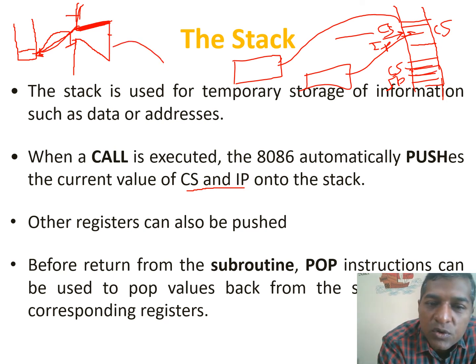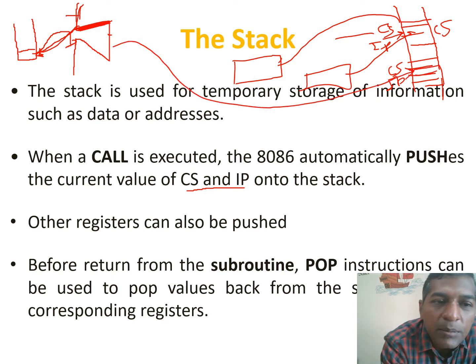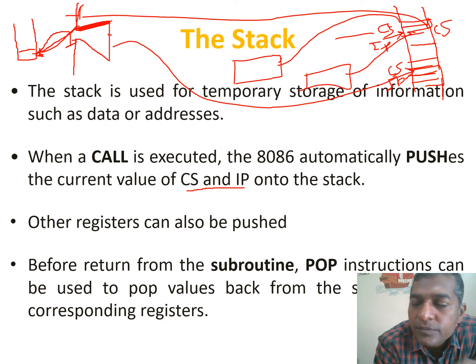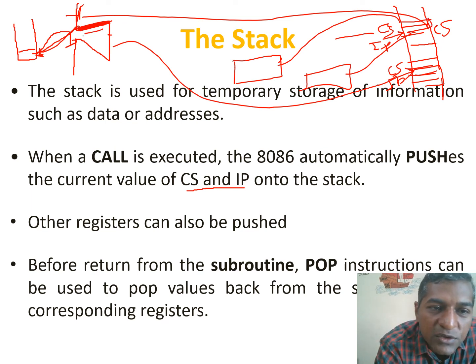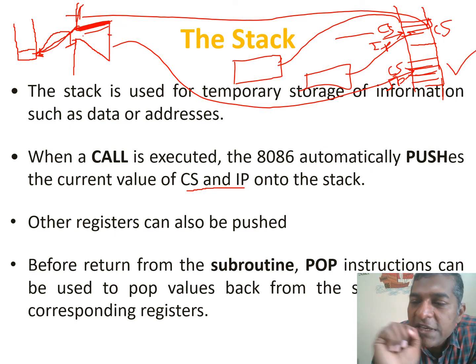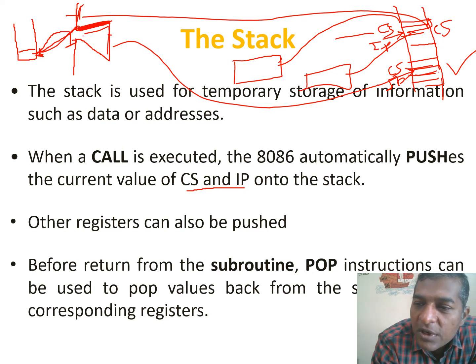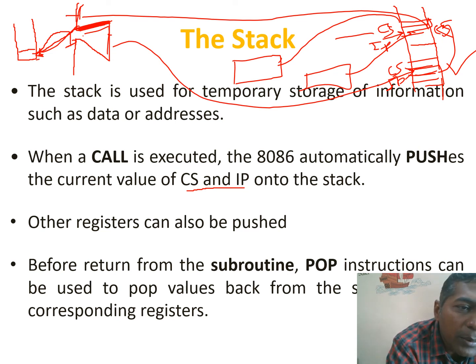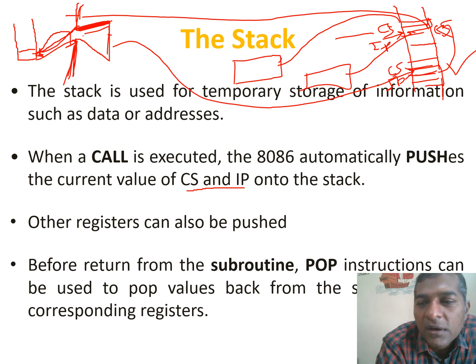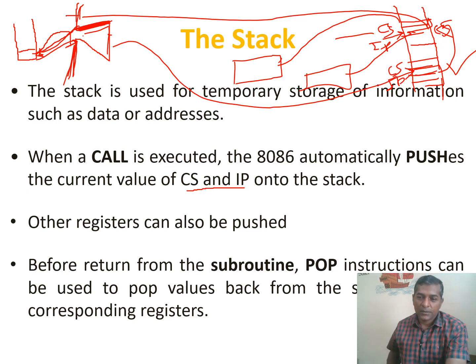The function is stored here, and the main program is stored here. Once the function is executed, it has to come back to the previous location. For that, the pop operation will be done, and then the remaining program will be executed. This is how it works.